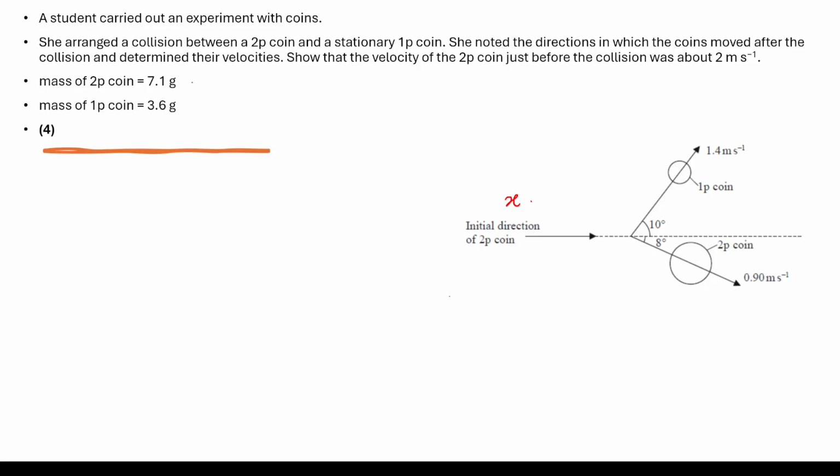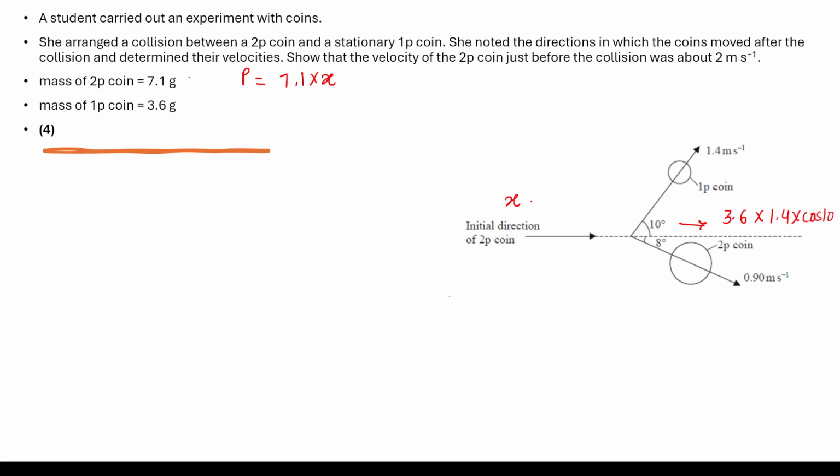So the starting momentum in x of the 2p is 7.1 x. I could change the mass into kg, but because my entire equation would be in grams, it would not matter. Now, what is the momentum of this one in the x direction? This is 3.6 times 1.4 times cos 10.